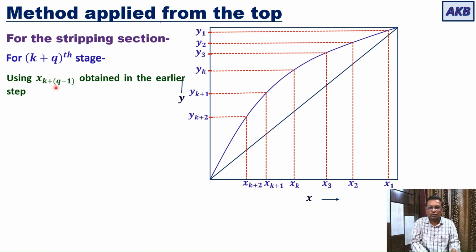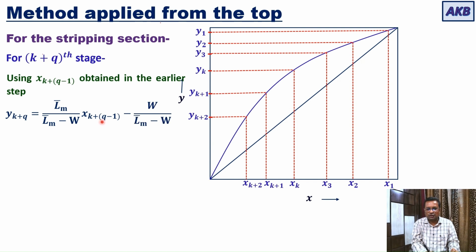Xk plus q minus 1. That means previous to the qth stage, the K plus q stage, it will be the Xk plus q minus 1 stage. So you are going to get Yk plus q, that is equal to L bar m upon L bar m minus W into Xk plus q minus 1, minus W upon L bar m minus W into Xw.